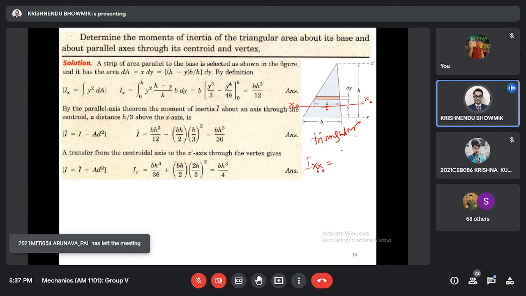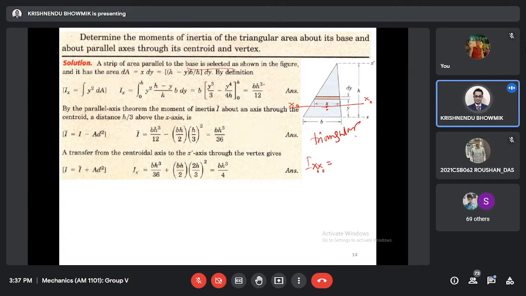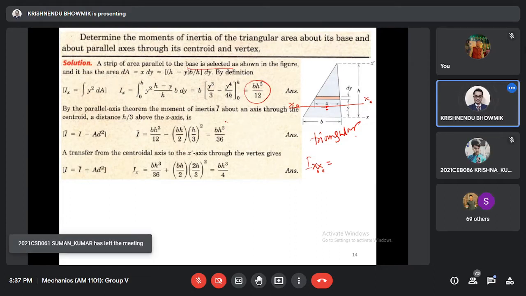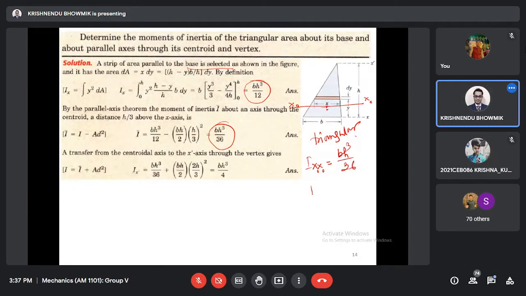With respect to CG, when it is the base, it is this. When it is CG, it is base height cube by 36. And at the base, it was 1 by 12 BH cube.